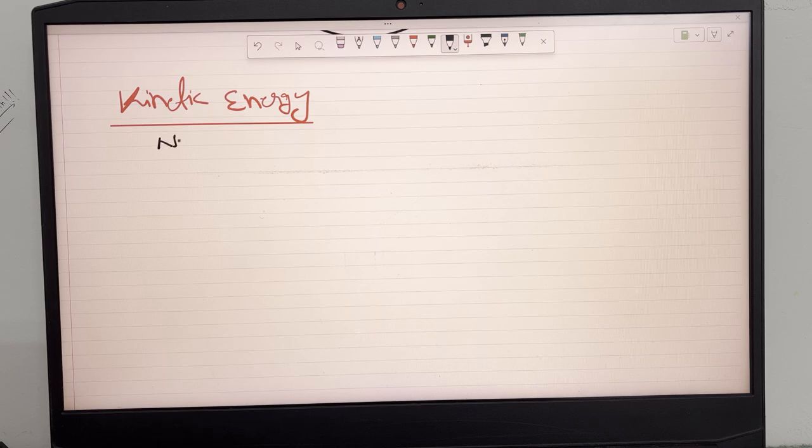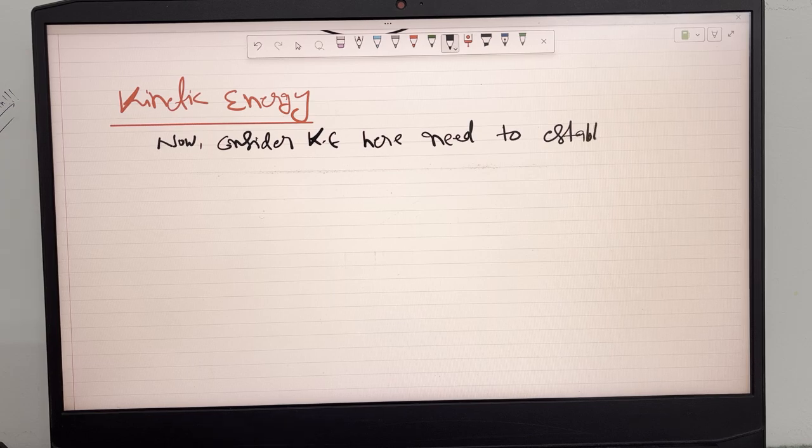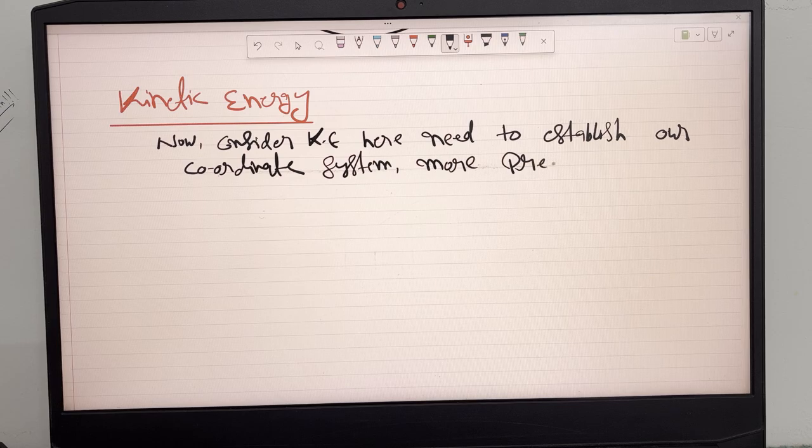Let's suppose now, consider kinetic energy here, we need to stabilize our coordinate system, more precisely the polar coordinates. I will tell you what the polar coordinates are.